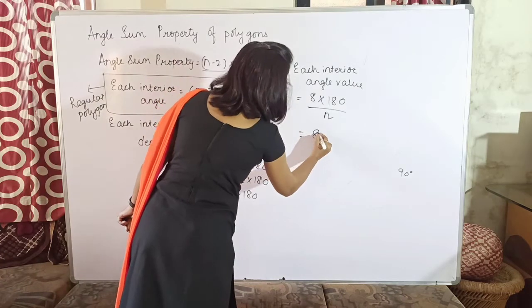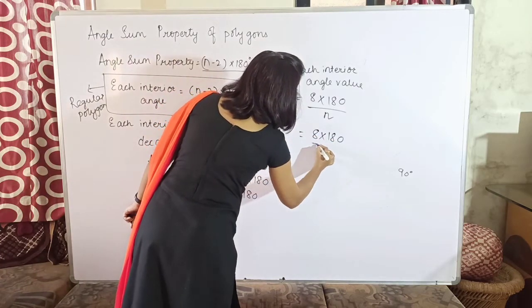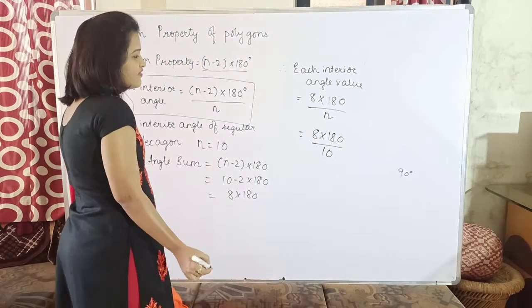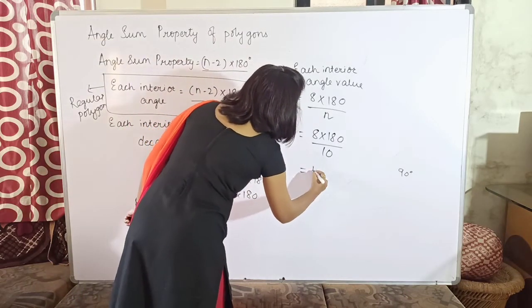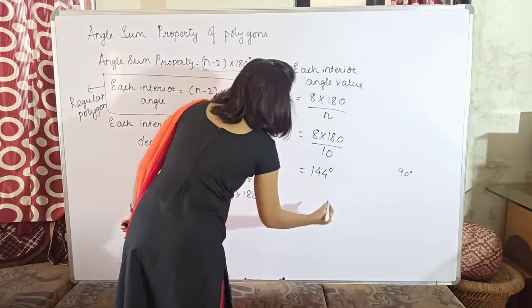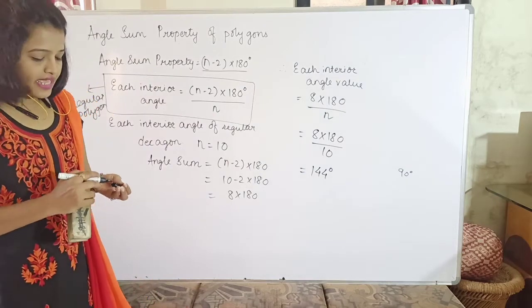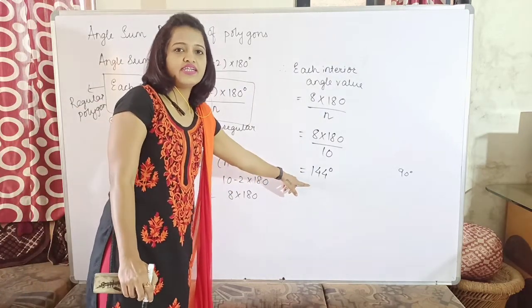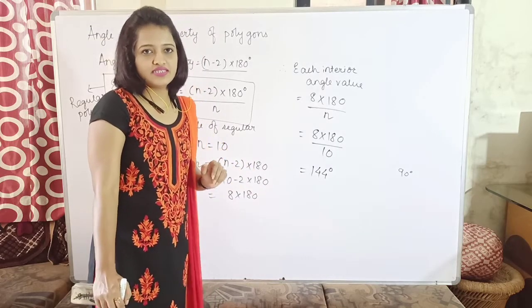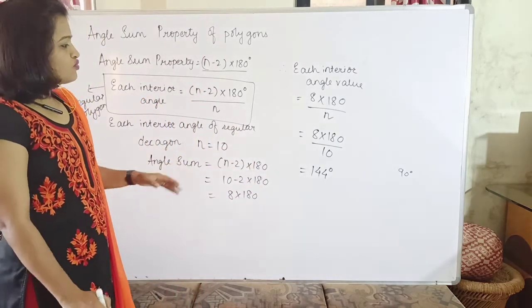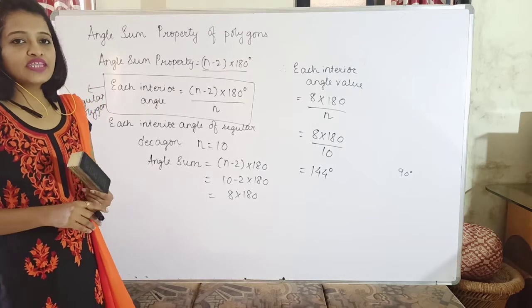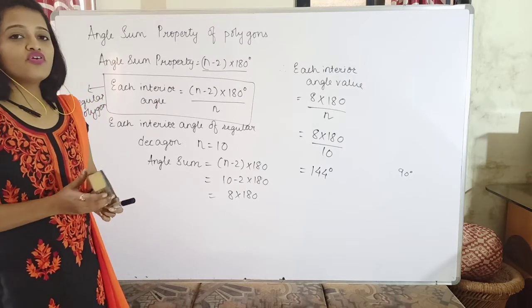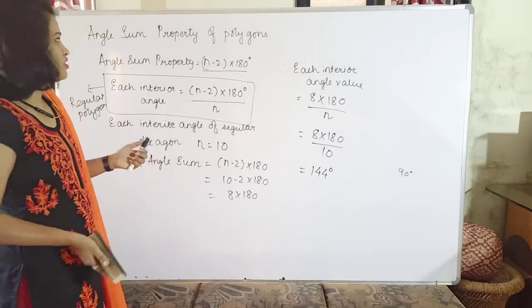In this case there are 10 sides and 10 angles, so I am dividing it by 10, and what you get is 144. It means each interior angle of a regular decagon is of what degree? It is 144 degrees. Okay, so this is the formula for finding the interior angles of a regular polygon.